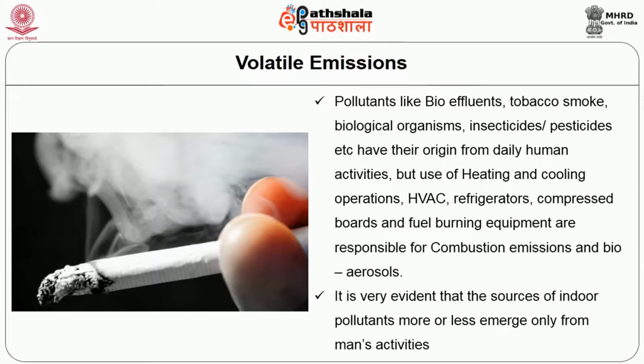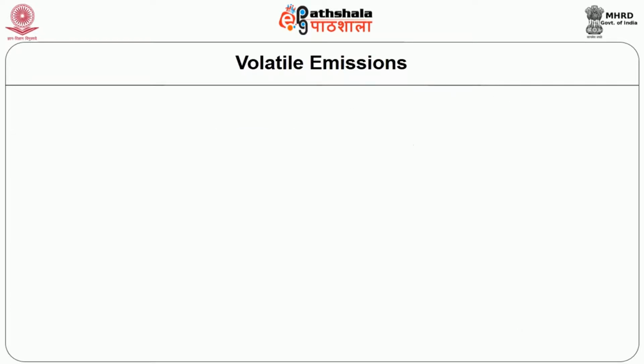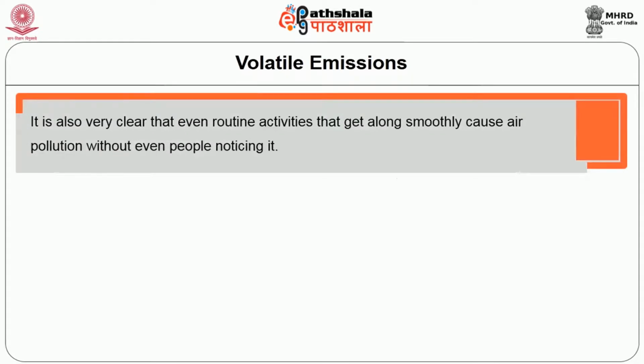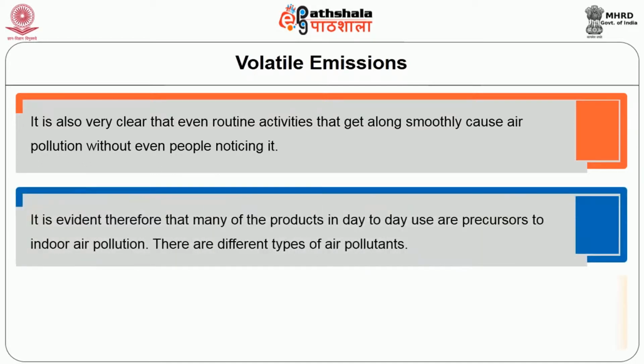It is very evident that the sources of indoor pollutants more or less emerge only from man's activities. It's also very clear that even routine activities that go along smoothly cause air pollution without people even noticing it. Many of the products in day-to-day use are precursors to indoor pollution.